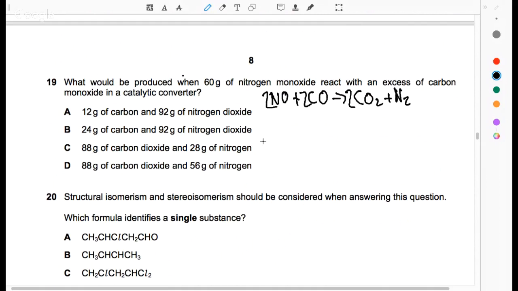Okay. So 60. Well, 14 plus 16. 2 mol, and 1 more.